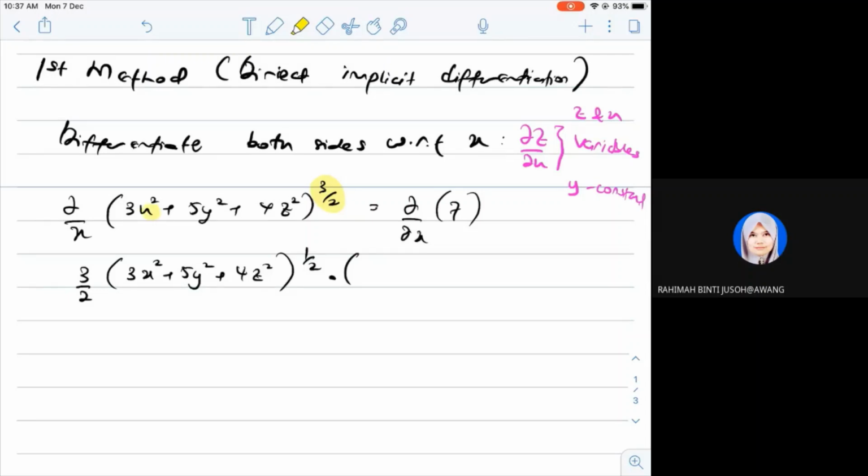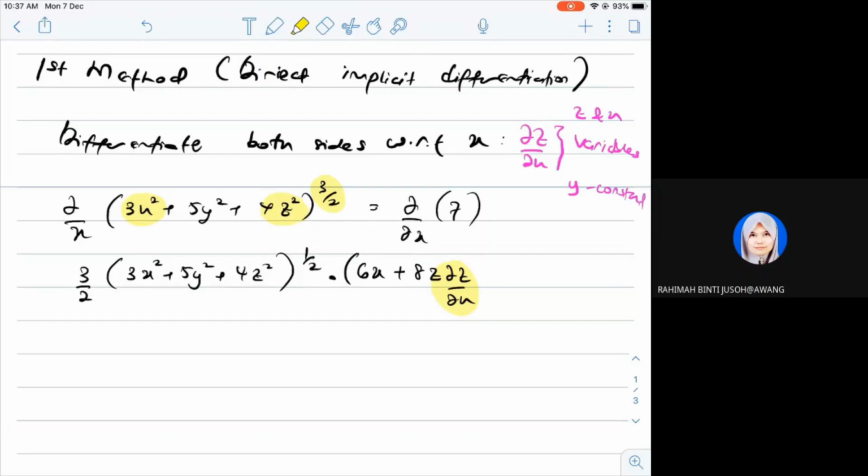The variables are x and z. So differentiate 3x squared, we get 6x. And then differentiate 4z squared. Be careful, guys. When you differentiate z, it becomes plus 2 times 4, which is 8z. For z, we have to put del z over del x like this. Only for z do we put this. Why is it not there for x?